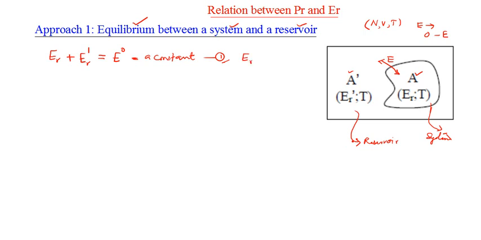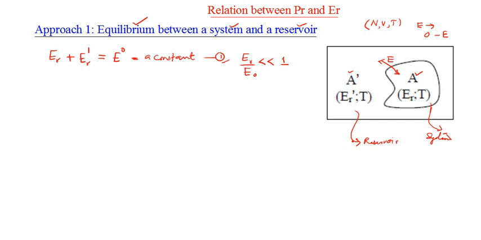So I can say that ER by E naught, ER being the energy of the system, which is a very small part of the entire universe, will be very, very small, right? That is pretty easily understood, because the reservoir is assumed to have very large heat capacity, and the energy of the reservoir is of course going to be very, very large, right?